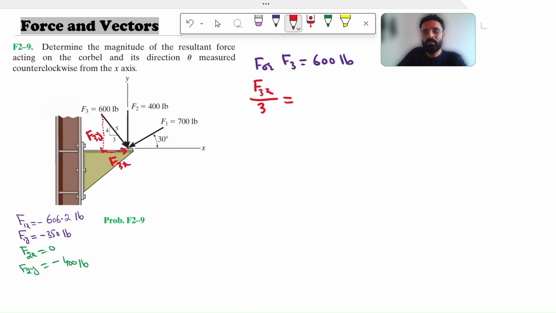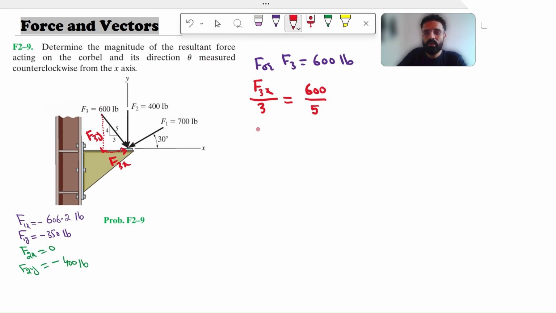So base of large triangle divided by base of small triangle will be equal to the hypotenuse of large triangle divided by the hypotenuse of small triangle. In my case, the hypotenuse of large triangle is F3, the resultant force, which is 600, divided by the hypotenuse of small triangle, which is 5.